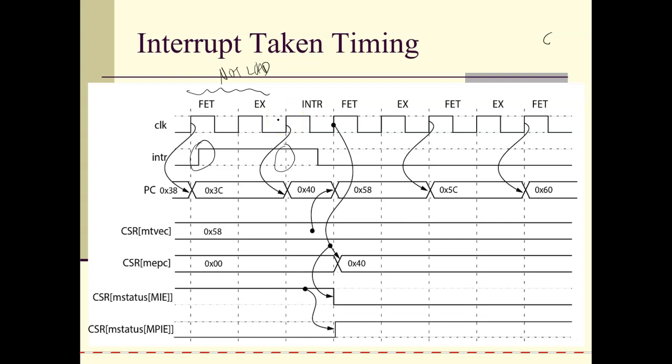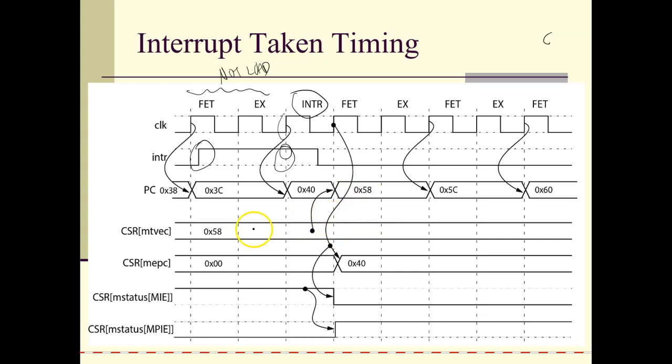Had it been a load instruction, this would have been happening after the write back cycle. So at the end of the execute cycle, it sees the interrupt is set, it goes into the interrupt cycle, one state, four things happen. Now, we'll see how many of those things we can see here.